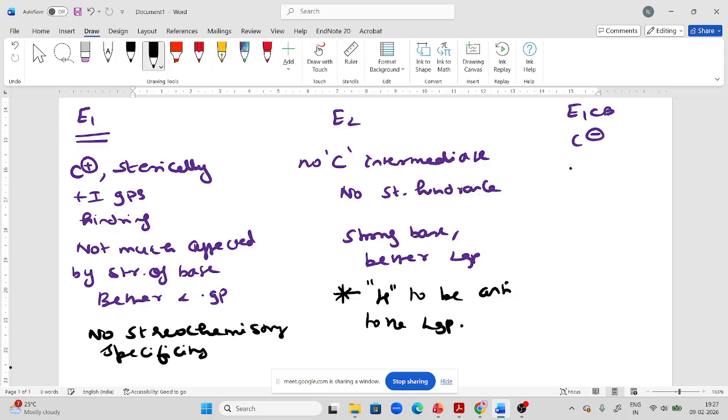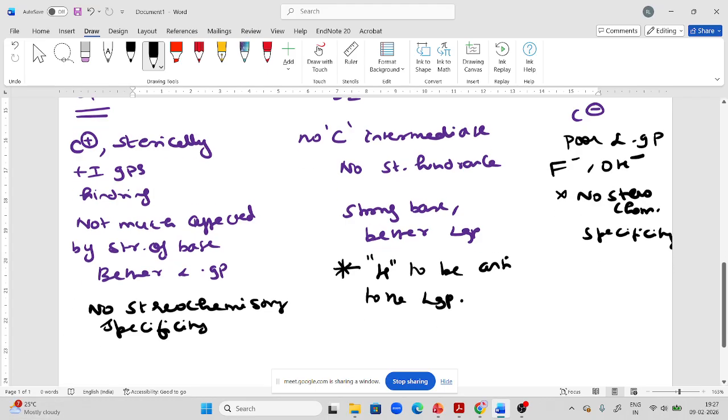What about E1cB? A poor leaving group is the mandatory condition here, like F minus, like OH minus. Shall we say that? Yes, ma'am. There is no stereochemistry specificity.